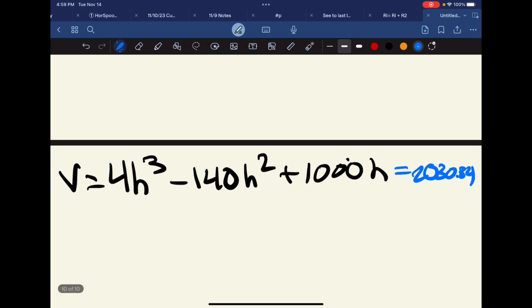And then when you solve for that, take my word for it, you get 4.4018. And that will be our final answer.